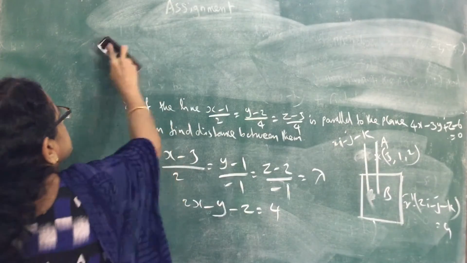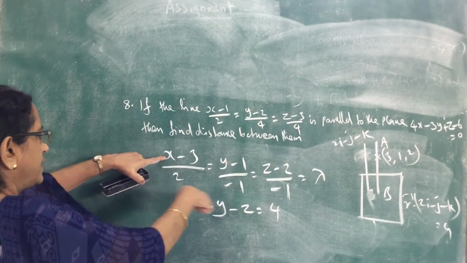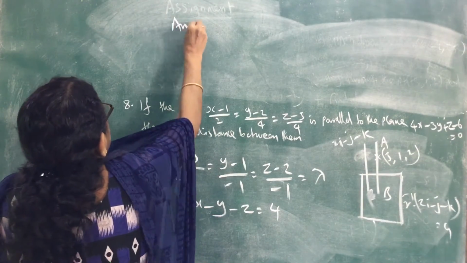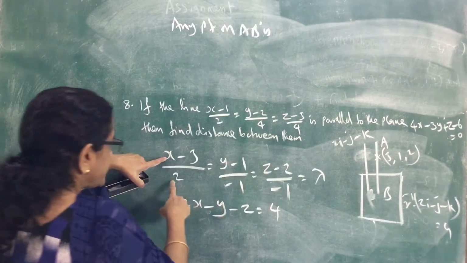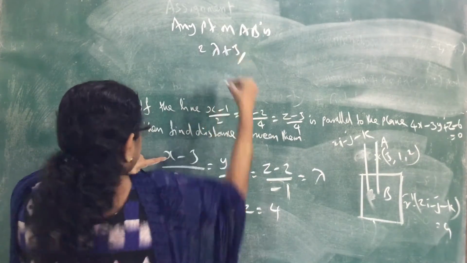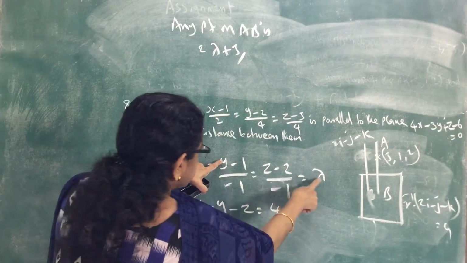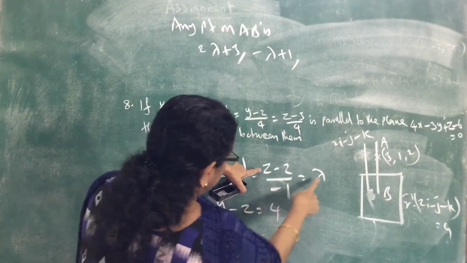So we take a general point from this line. Any point on AB is: x coordinate 2 lambda plus 3, y coordinate minus lambda plus 1, z coordinate minus lambda plus 2.